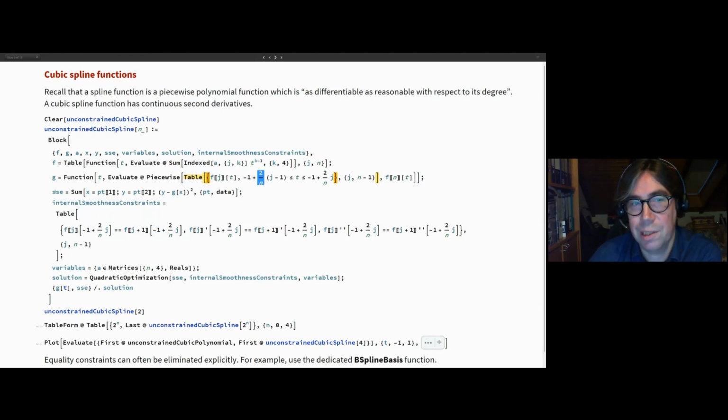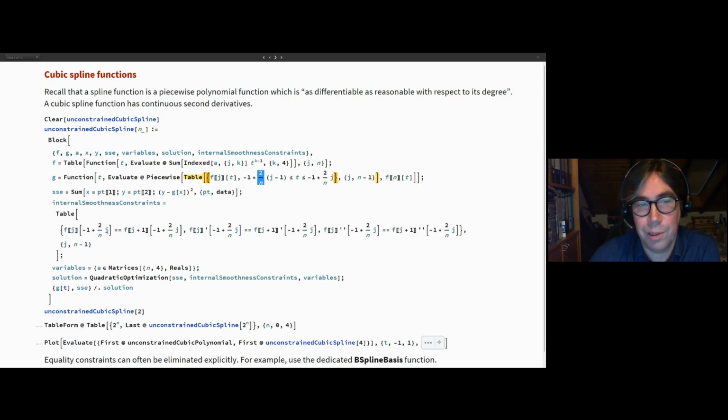The sum of squared errors is as before. Now we do have constraints, namely internal smoothness. We have these polynomial pieces, and at all the internal boundaries between the subintervals, and these are these numbers here, -1 plus 2 over n times j, where j ranges from 1 to n minus 1, and so the number here ranges from -1 plus 2 over n up to +1 minus 2 over n.